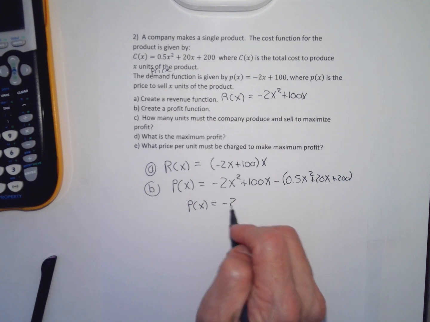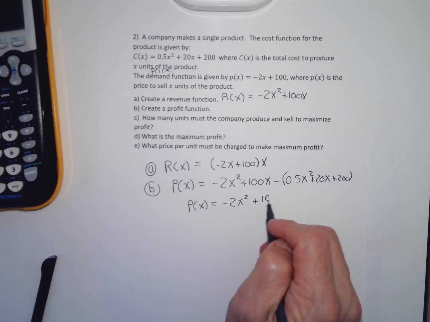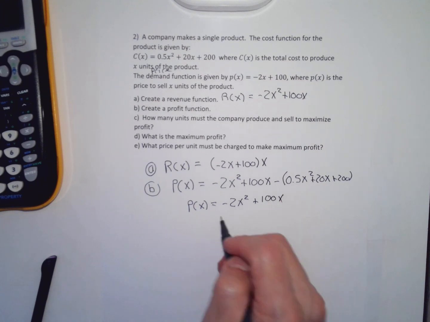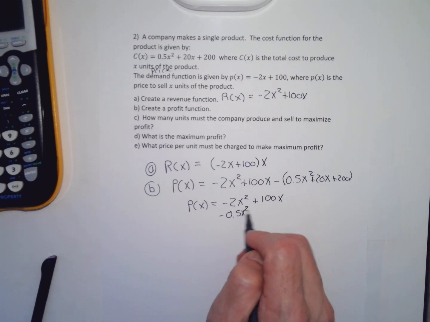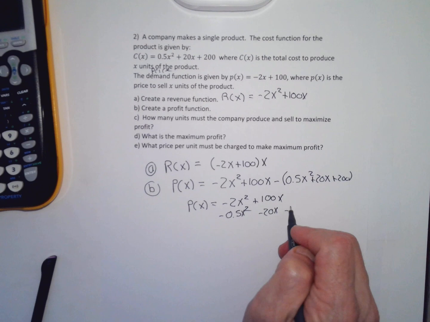So my profit function is going to be the revenue function minus the cost function, and let me clear the parentheses and line things up. Here I'm going to get negative 0.5x squared and then minus 20x and then minus 200.